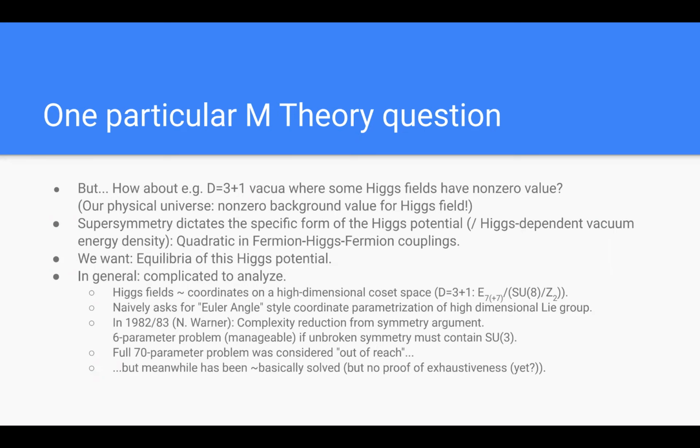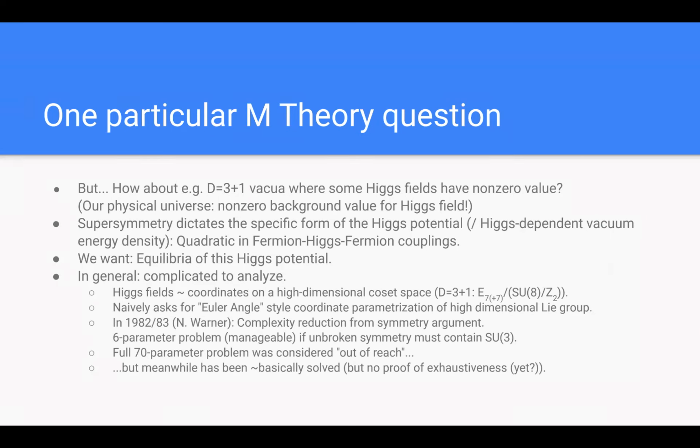So we can get quite some useful complexity reduction from a symmetry argument. So if we postulate that we want our residual gauge group, so the unbroken part of the symmetry, to contain at least an SU(3) subgroup, then this gives us a 6-parameter problem. So basically, we have a function of 6 trigonometric, respectively hyperbolic angles, and that's doable.